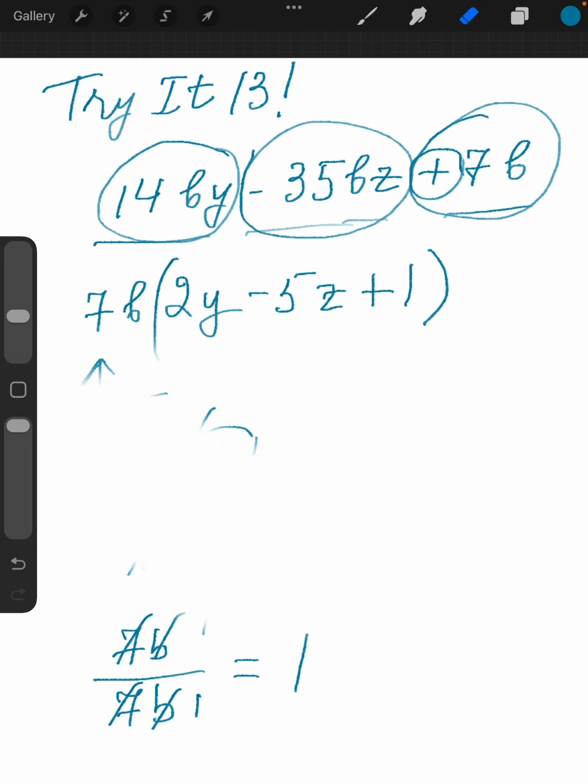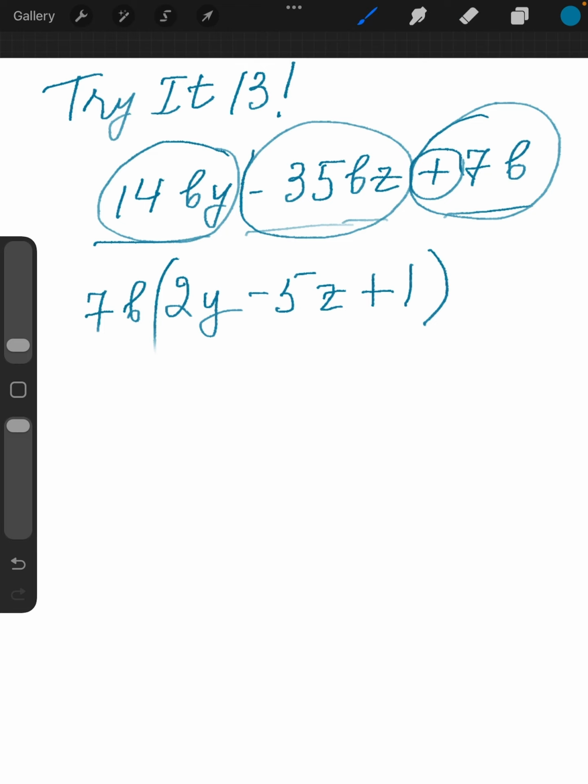So this is your expression here, 7b, open parentheses, 2y minus 5z plus 1. That's your final answer. And if you want to check if you did it correctly, you can always multiply 7b by each term there. All right.